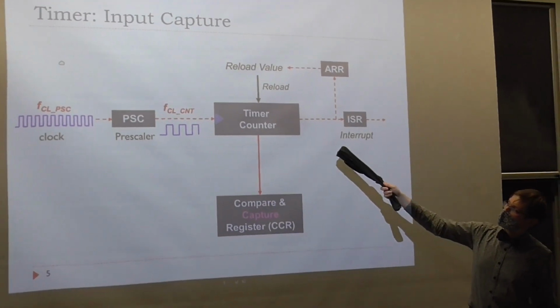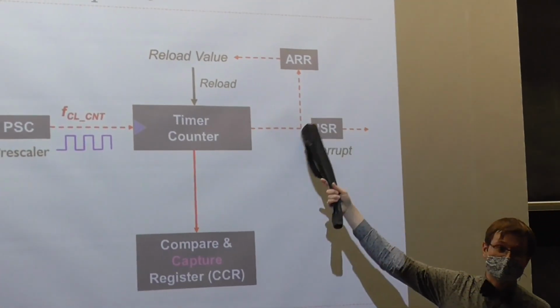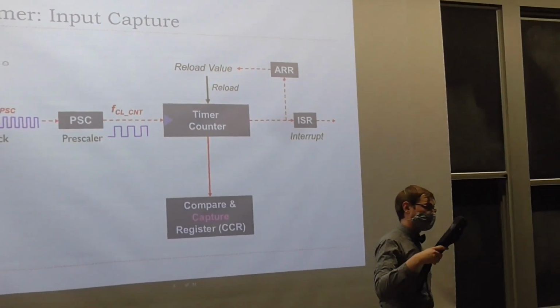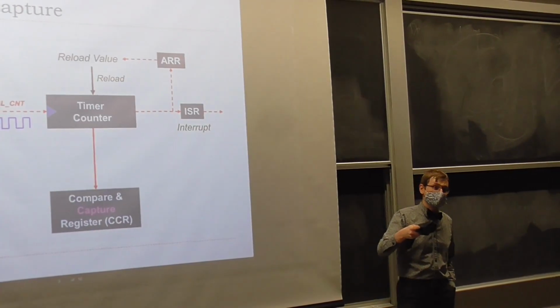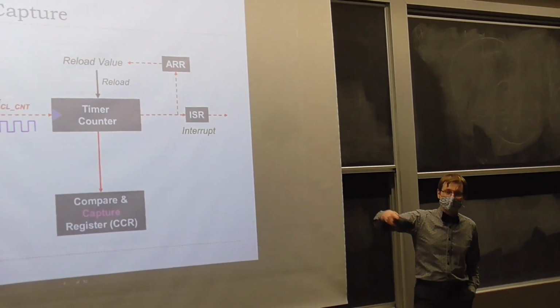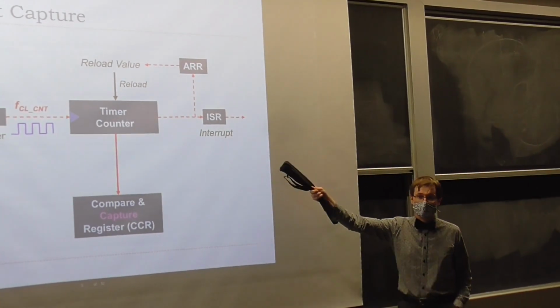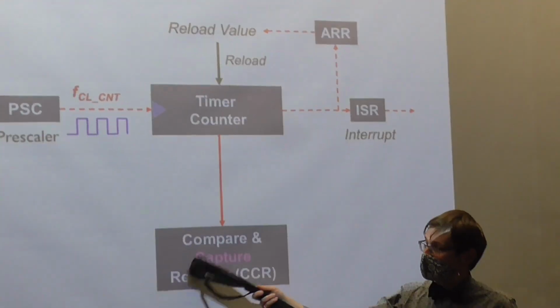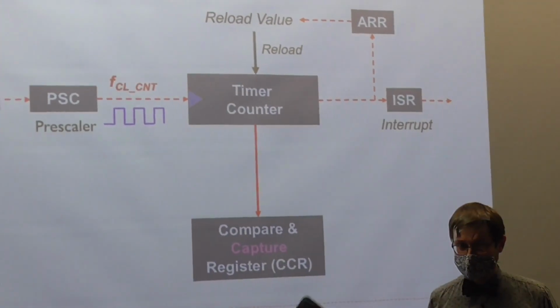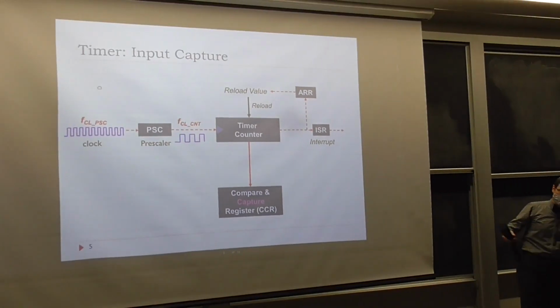From that, we have the auto reload register, which contains the value that we either reload the counter at when it reaches it, or when you count down to 0, this is what it resets to, 2 different functions. So we also have the compare and capture register, which does most of the work that is sort of programmer facing.